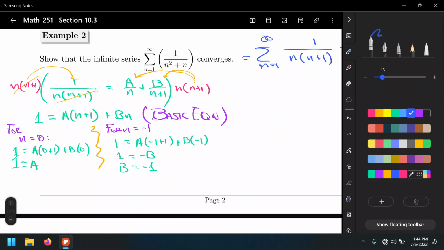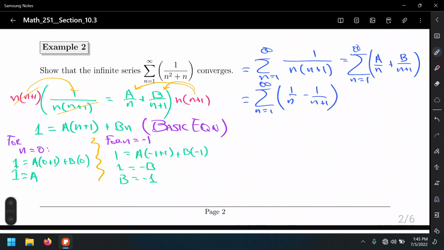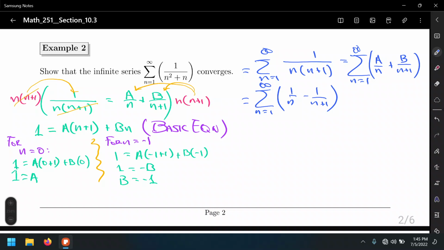Coming back to the series, so let's see. Sigma n equals 1 to infinity of A, which is 1 over n, minus 1 over n plus 1. For the telescoping series, what we're going to do is expand for n equals 1, n equals 2, n equals 3, and see which terms actually get cancelled. Of course, we start on the starting index, in this case n equals 1.